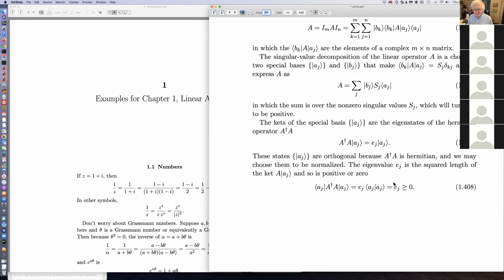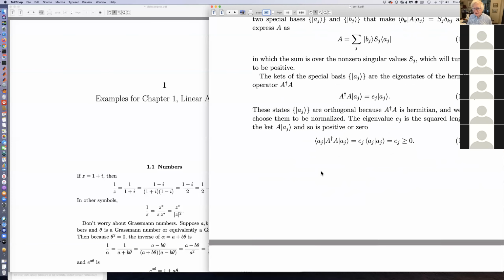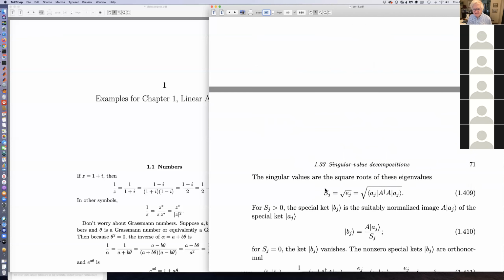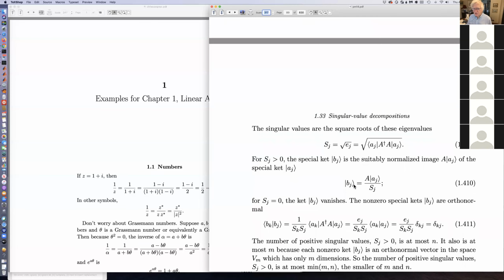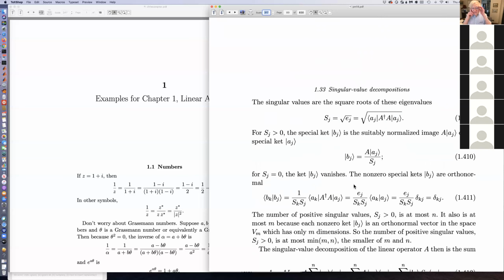Anyway, to get back to this, these vectors Aj are eigenvectors of A dagger A. They're orthogonal, of course, and Ej is the squared length of this, and they're positive. The singular values are the square roots of the Ej. So we've just now figured out more than half of the singular value decomposition.